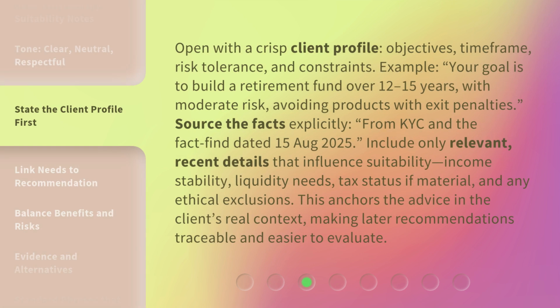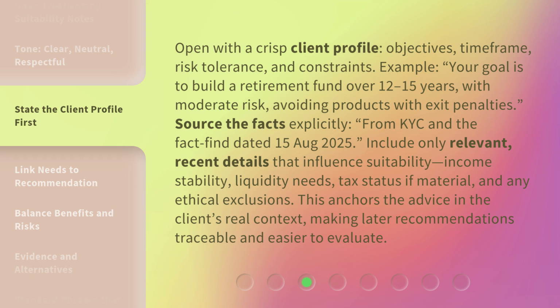Open with a crisp client profile: objectives, time frame, risk tolerance, and constraints. Example: your goal is to build a retirement fund over 12 to 15 years with moderate risk, avoiding products with exit penalties. Source the facts explicitly, from KYC and the fact find dated the 15th of August 2025.